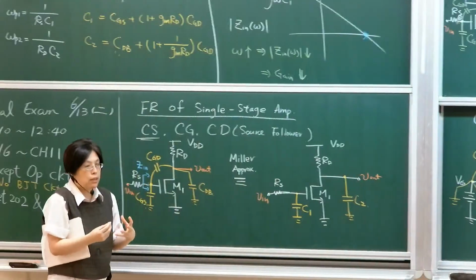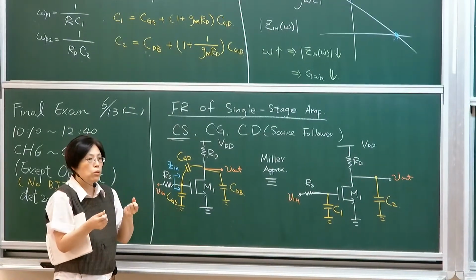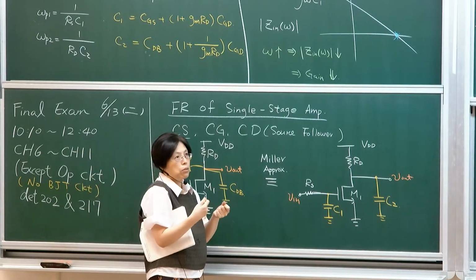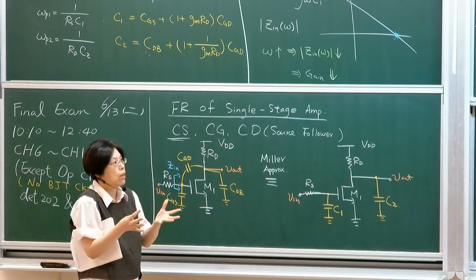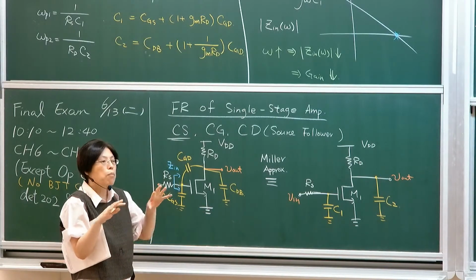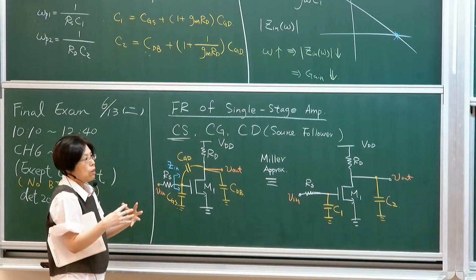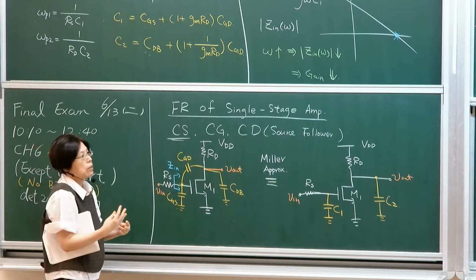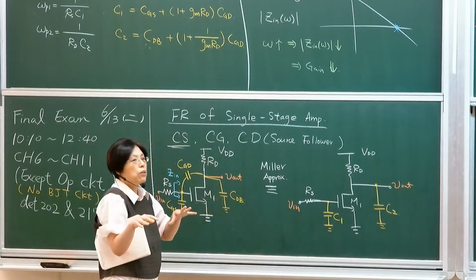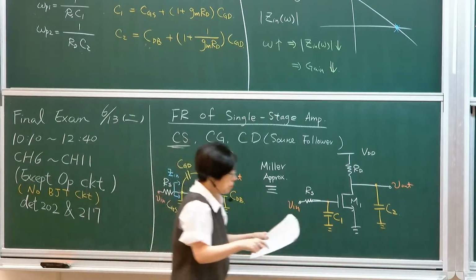In common gate stage, there's no Miller amplification, so you have basically the same loading on the nodes. Input and output nodes are basically the summation of parasitic capacitance. So these capacitances are at comparable levels. Therefore, your poles are typically at comparable levels, and typically at a fairly high frequency regime.